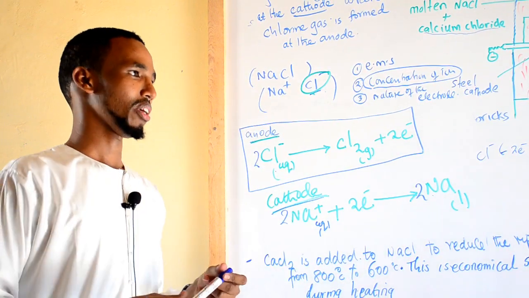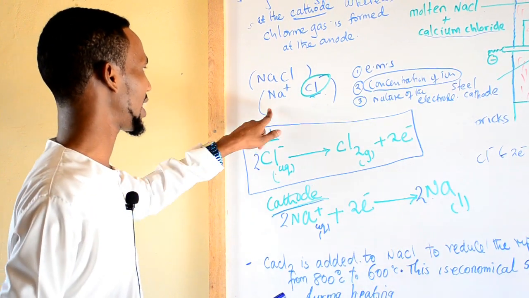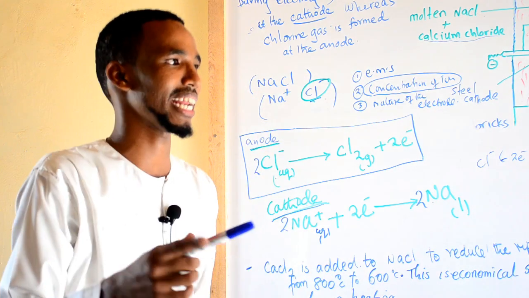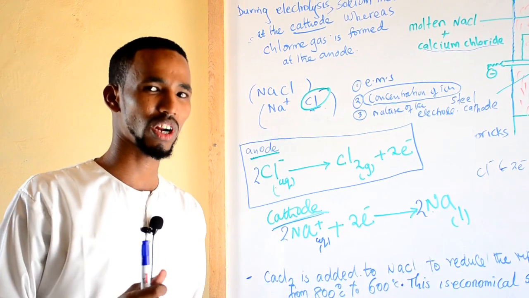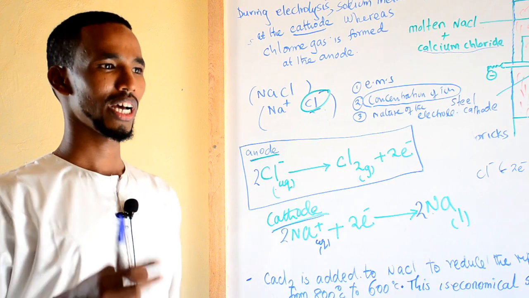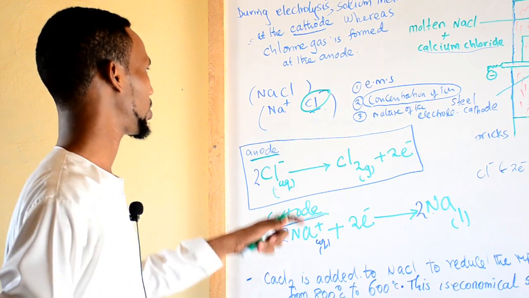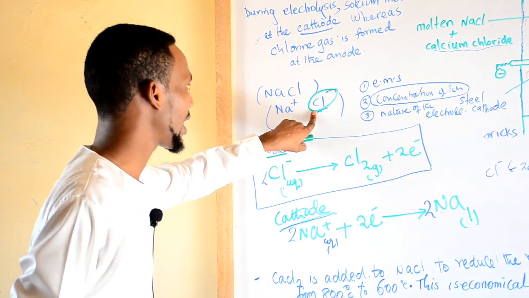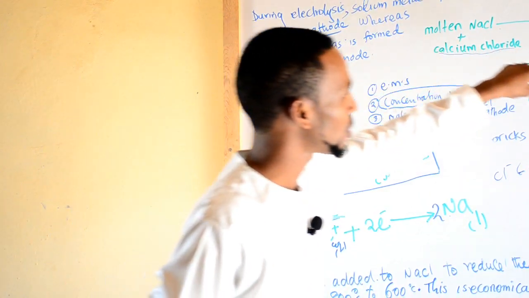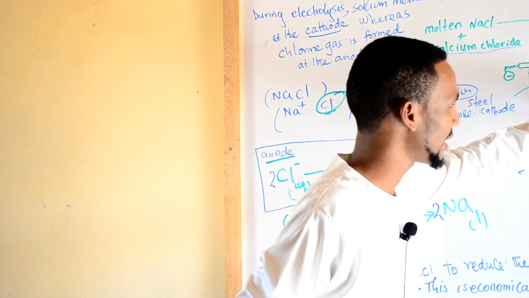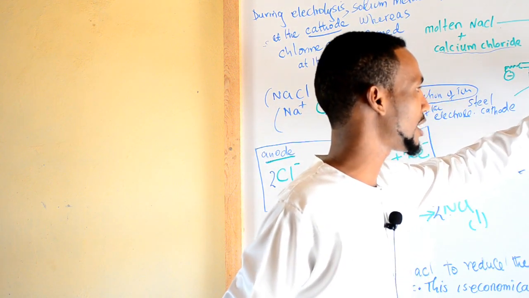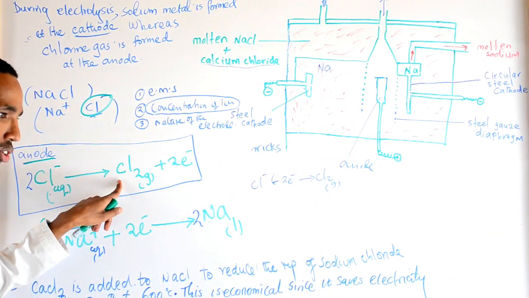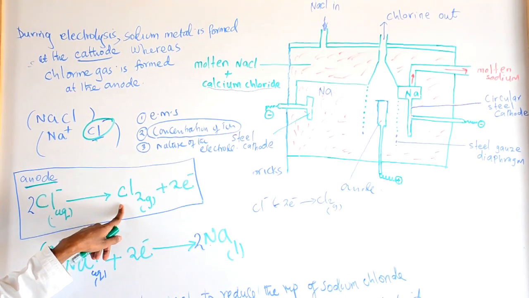So basically, in electrolysis, we discuss non-binary electrolyte, but this one is more of a binary electrolyte. Binary electrolyte is an electrolyte which consists of 2 ions, and here we have sodium ion and chloride ion. The chloride ion will migrate to the anode, lose 2 electrons and form chlorine gas.